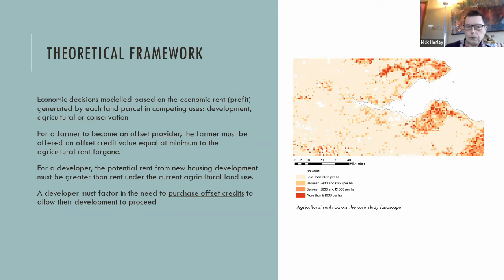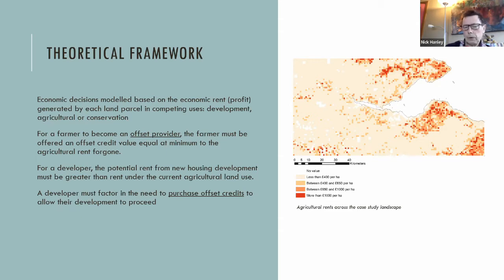The first use is agriculture. The second use is new housing. And the third use is conservation. And if I allocate it from agriculture to conservation, I'm going to earn an offset credit. And the amount of credits I earn is going to depend on essentially the ecological potential of my site, given the metric I choose, if we're using a species metric.